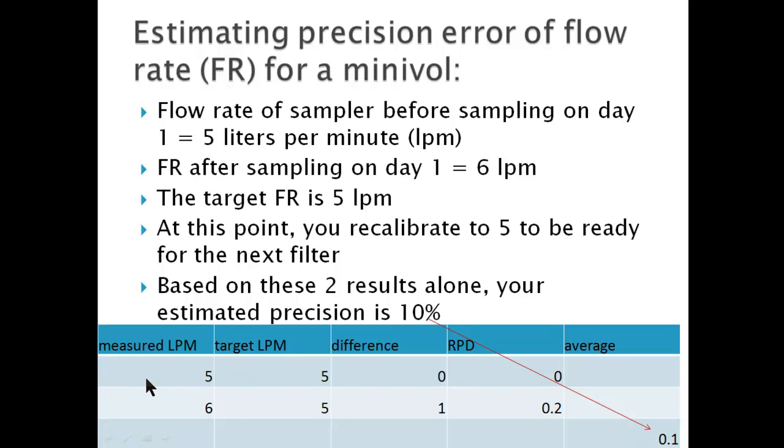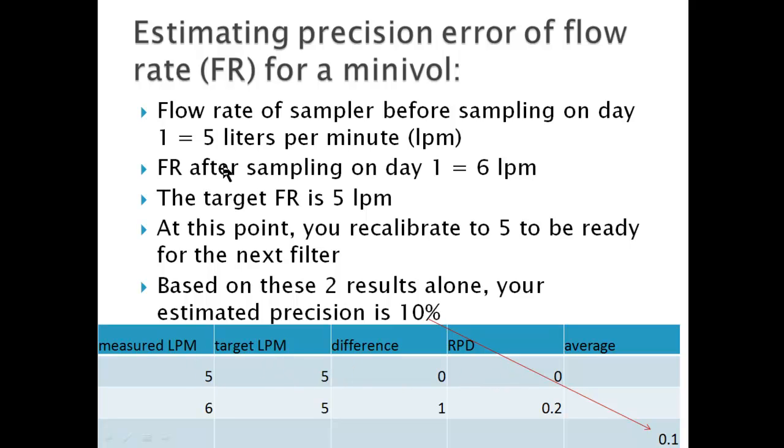So here's just a little table that shows the measured liters per minute the first time, the target liters per minute, and that's 5 all the time, the difference between the measured and the target, which is 0, the relative percent difference between the two, which is just the difference divided by the target, and that's 0, of course, if they're both 5.